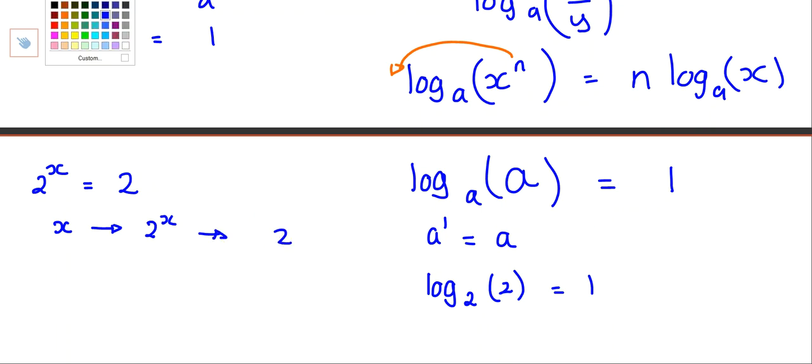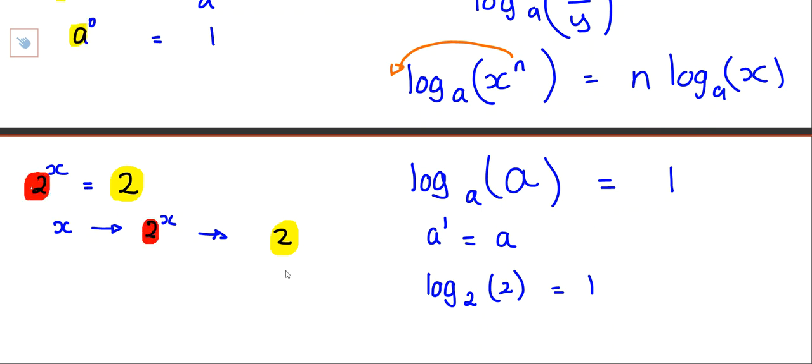If I colour code it, this 2 is that 2, and then this 2 is here. If I do the inverse, I'm doing log to the base 2, and what goes into it, that 2, will give me the x value. So this 2 is the base, and this 2 is what you put into that function.